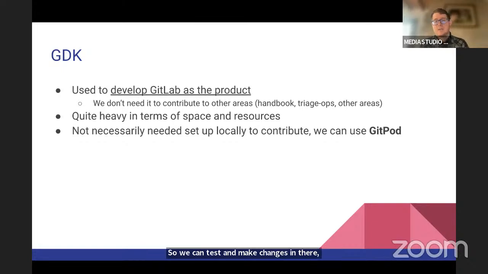For other areas of GitLab, for example CI jobs or the handbook, or the GitLab Kubernetes agent and those projects that are not inside the GitLab product code base, we can contribute to those without needing GDK.